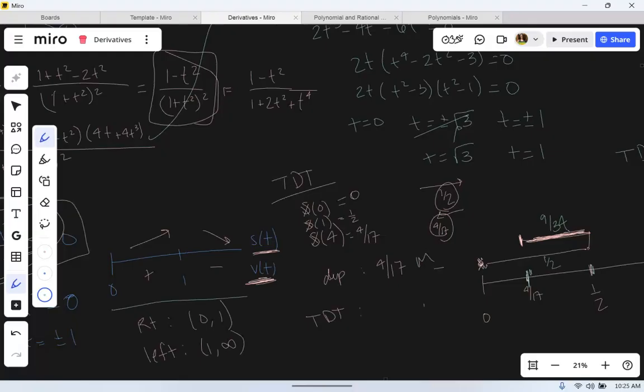Well, look, velocity also changes at 1. Is square root of 3 bigger than 1 or smaller than 1? It's definitely bigger.